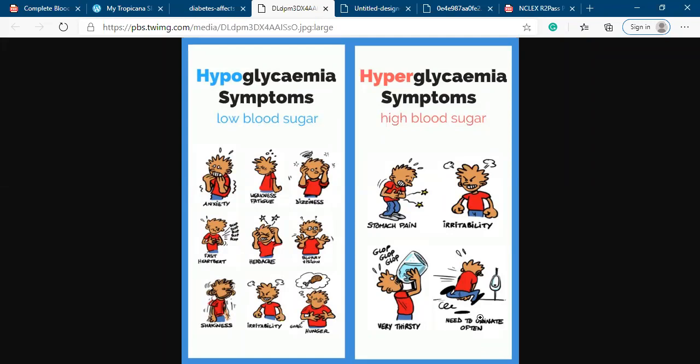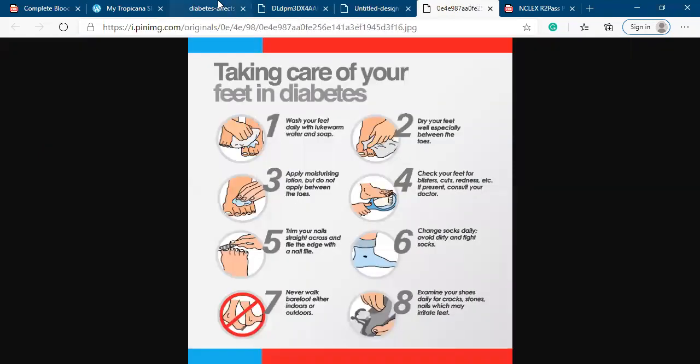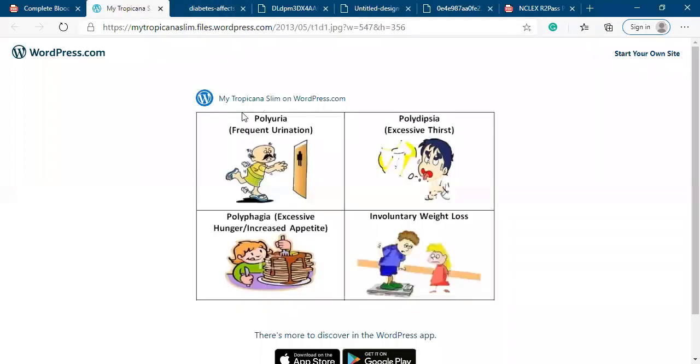They feel polydipsia and polyphagia, right? Very thirsty all the time, stomach pain or irritability. So the patient who has hyperglycemia can feel polyuria, polydipsia, and polyphagia. Easy to remember, 3Ps.